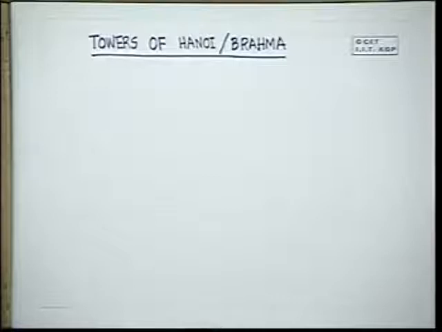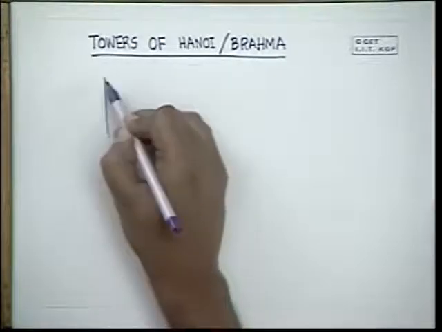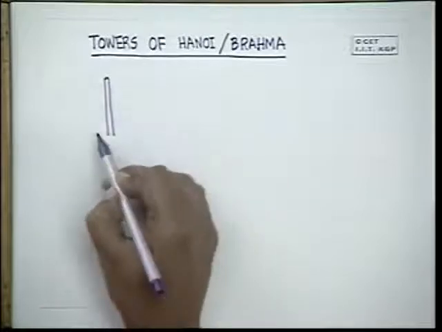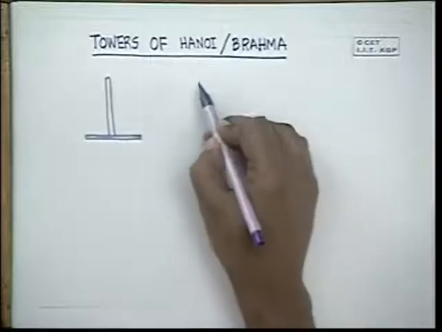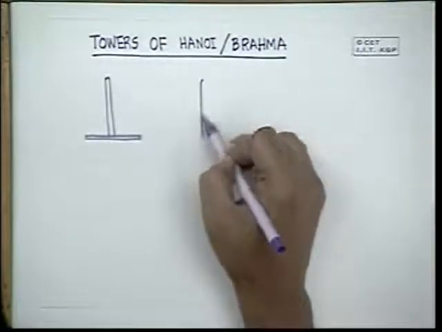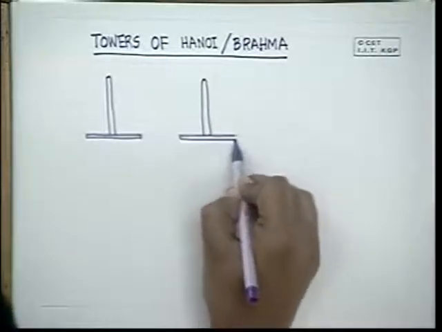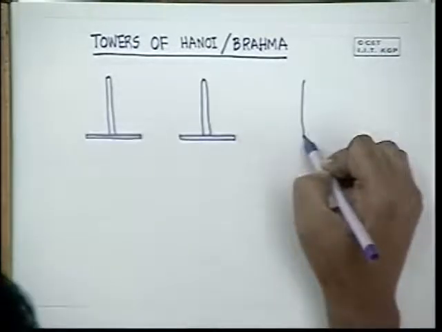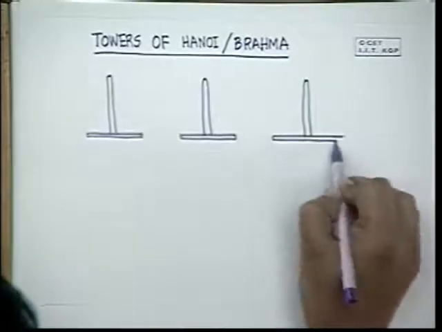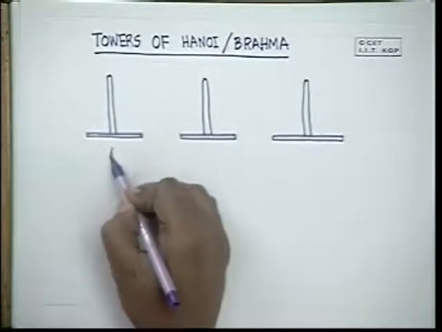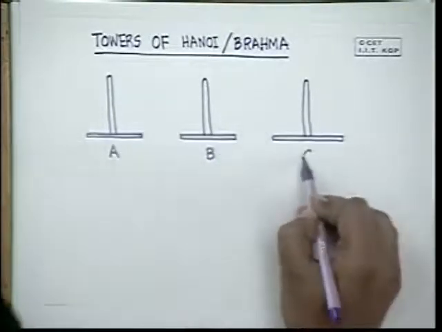It is said that suppose there is a peg, and there are 3 such pegs. We call them A, B, and C.